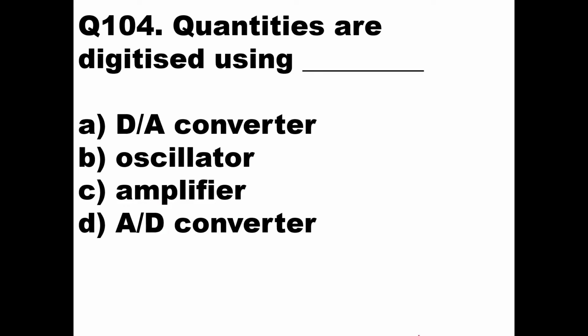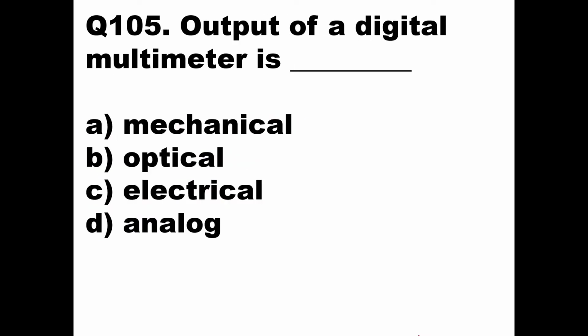Quantities are digitized using what? Obviously, whenever a quantity is analog, it can be converted to digital by using an A to D converter. So here option D will be the right answer, A to D converter. Then we'll go to the next question, question number 105.